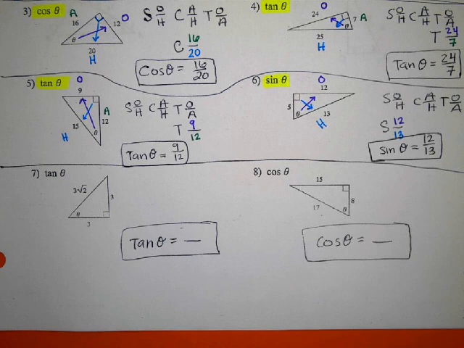If SOHCAHTOA is not clicking for you, I will show you my weird method. Actually, that's fine. Yeah, you simplified it. Tangent is O. So over here, 3. Over here, 1.